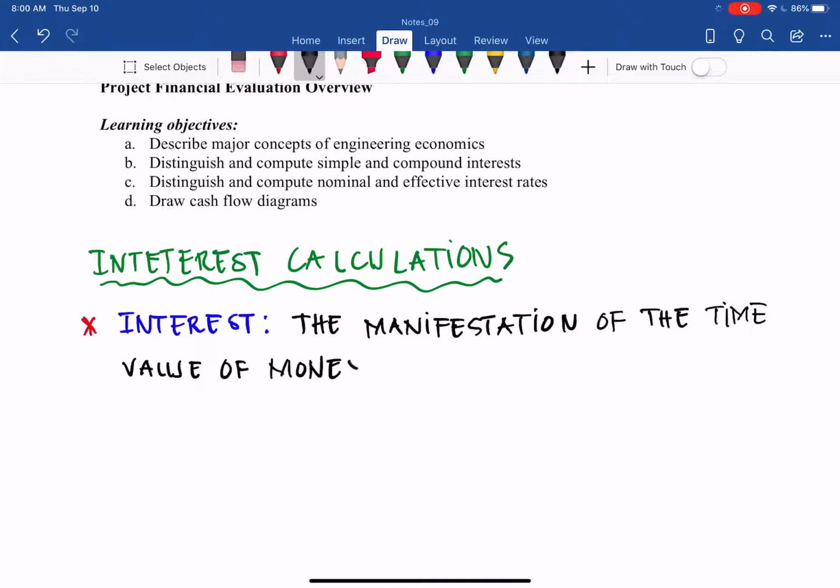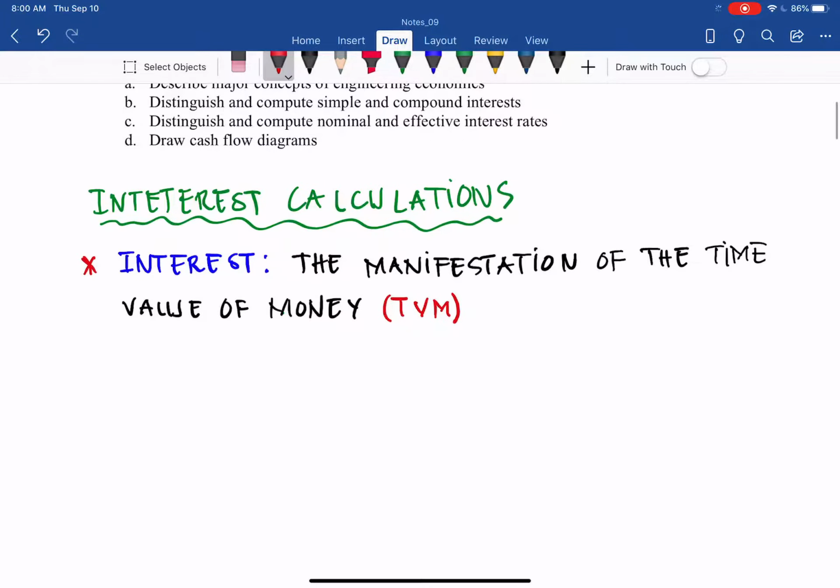For time value of money, we call that TVM. $100 today, and $100 10 years from now. The $100 today is more valuable than $100 10 years from now. That is the time value of money, and it is realized with the interest.